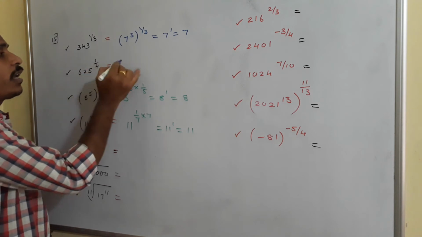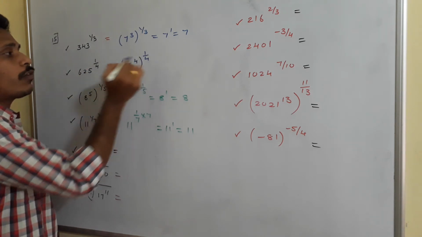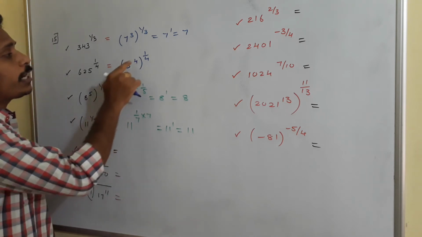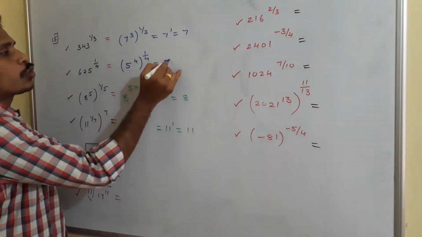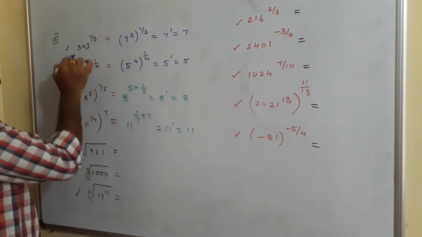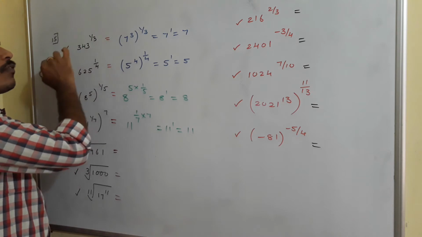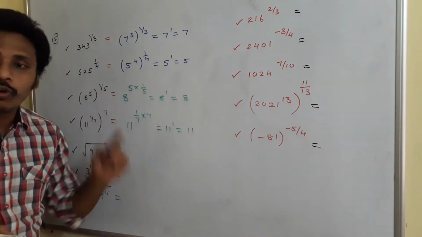You just rewrite this 625 as 5 power 4 to the power 1 by 4. And again if you multiply this 4 and 1 by 4, it gives you 1 itself. So 5 power 1 is 5. That's your answer. So the value of 343 power 1 by 3 is 7. The value of 625 power 1 by 4 is 5.